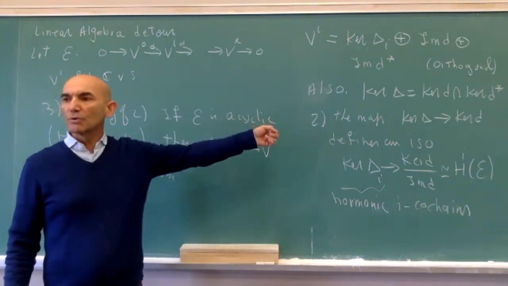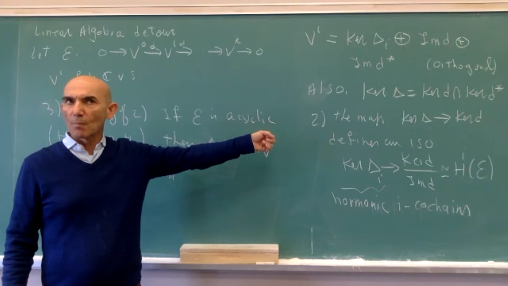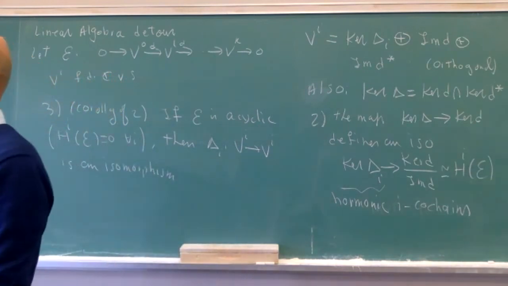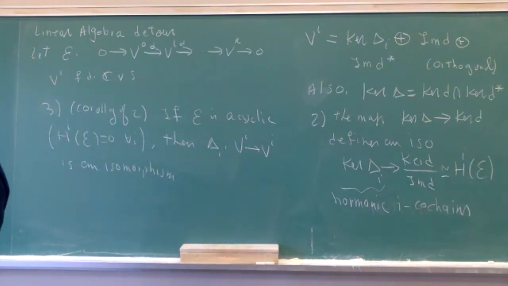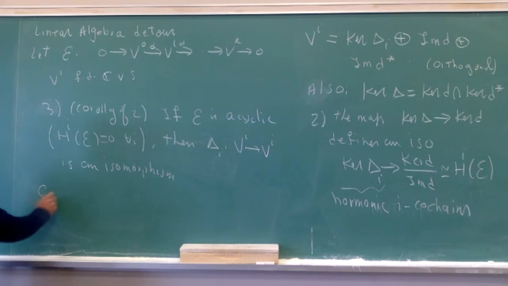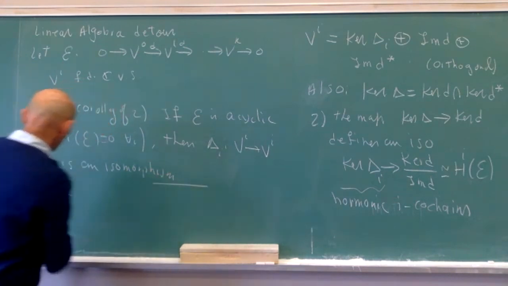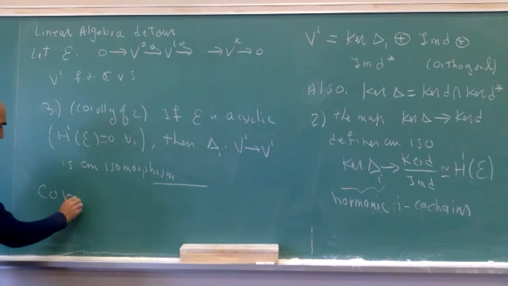It immediately shows that for an elliptic complex, the differential operator delta I is elliptic. So this is another corollary. So the assignment is done.